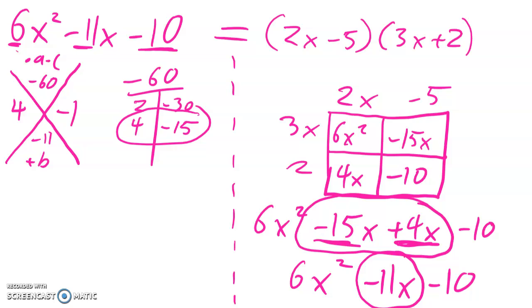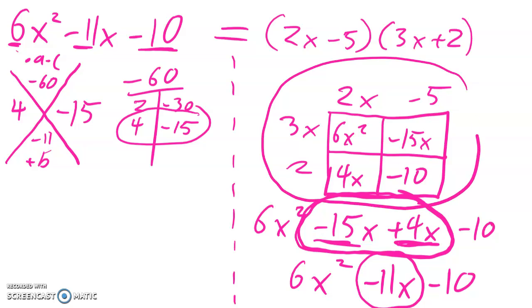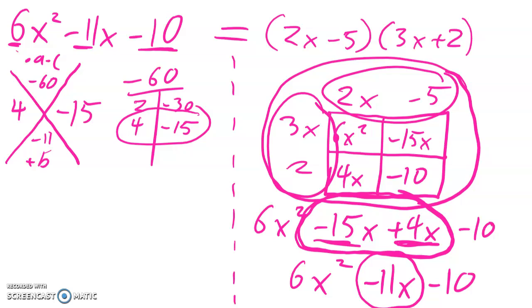I had to figure out two numbers that fit the bill: multiplies to a times c, and adds to b. And again, the point of that was I needed to figure out what these two mysterious numbers were that added to my middle term. So now that I have that, for these more difficult factoring problems, I'm going to have to rebuild this square over here, and that's going to help me figure out what those two binomial factors are.